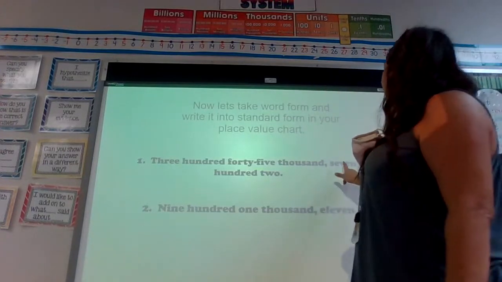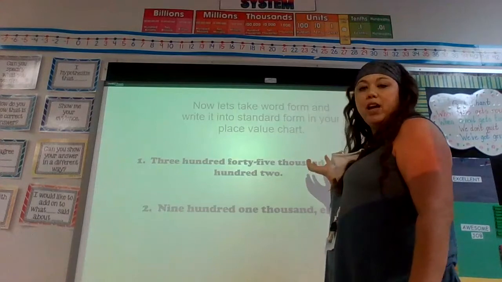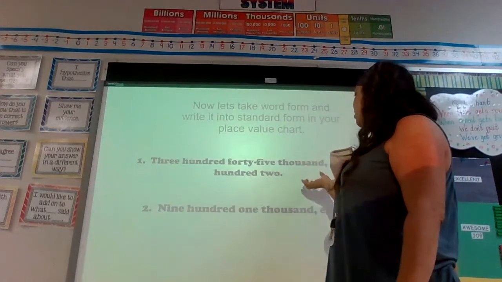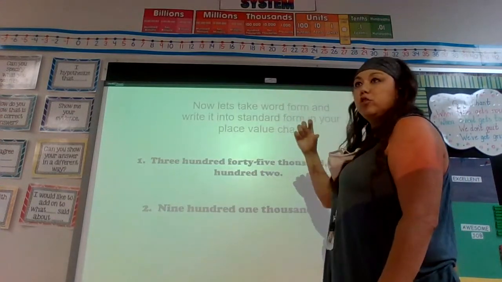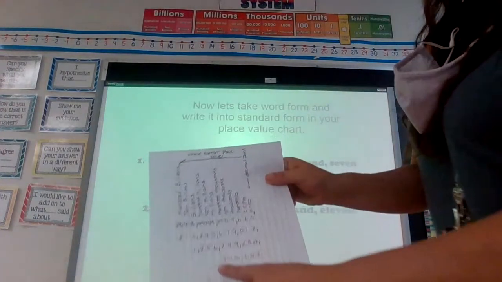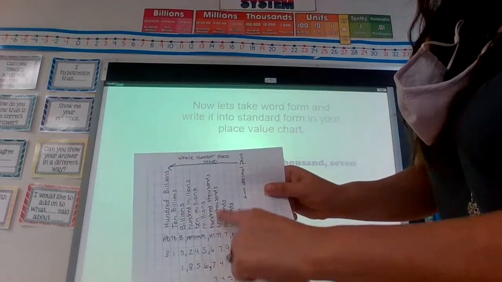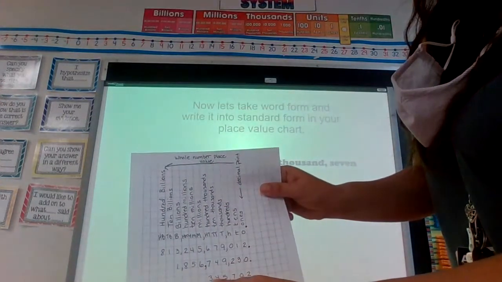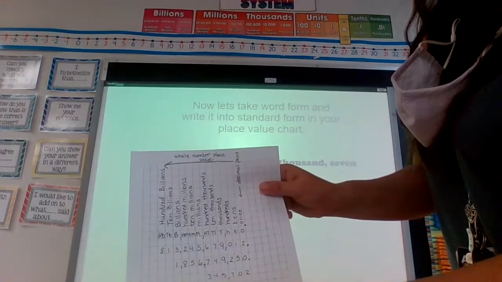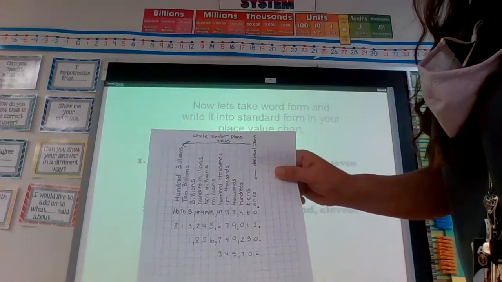And then 702, since there's not a period name, like we don't have a ones period, we just put that in our units or our ones area. So it should look like this. The 345 should be in that thousands period. 345,702.